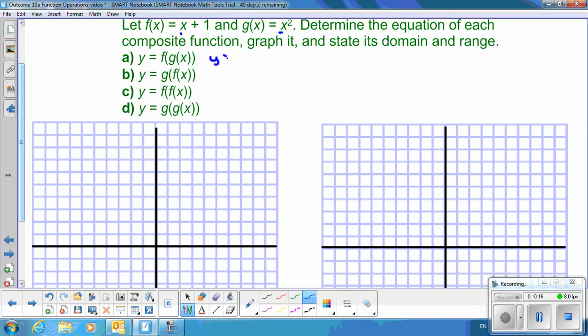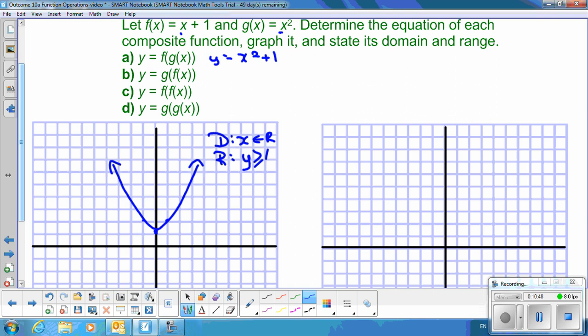And so we end up with y equals x squared plus 1. Y equals x squared plus 1 is a parabola with the vertex at (0, 1) and normal opening, and so the graph will look something like this. The domain of this function is all real numbers. The range of this function is that y has to be greater than or equal to 1.